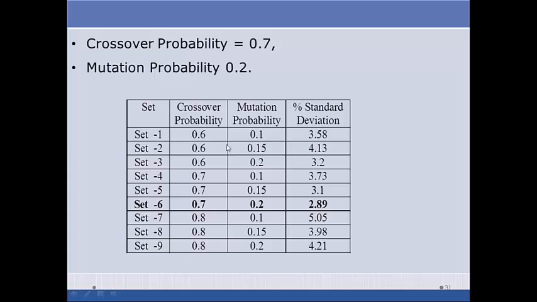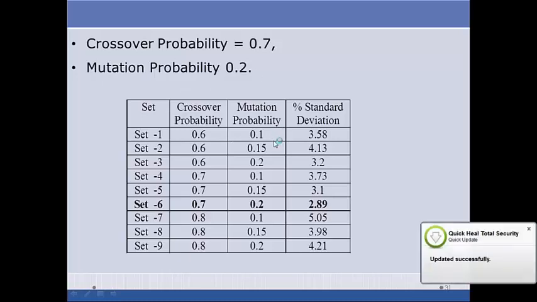What I did, for the selected population size 50 and number of generations 100, in my program I took crossover probability 0.6, 0.7 and 0.8. And along with that, the mutation probability was taken as 0.1, 0.15, 0.2.